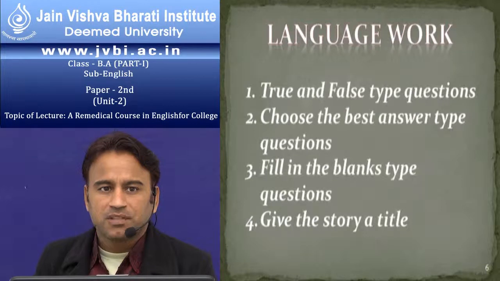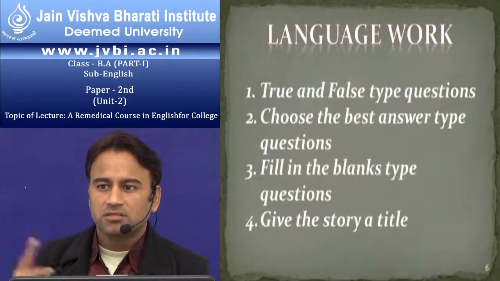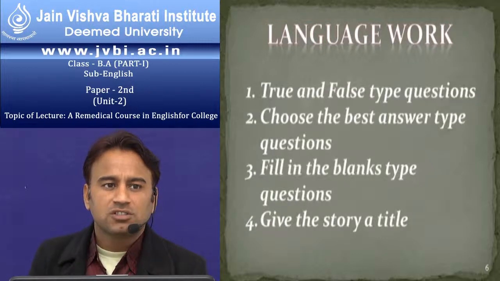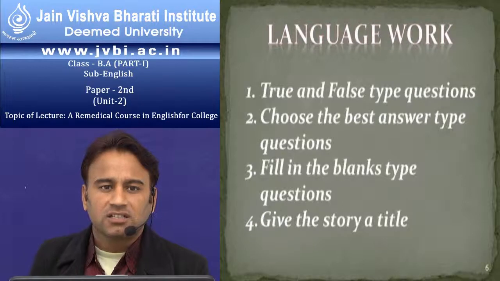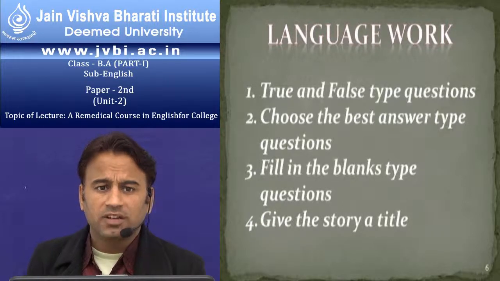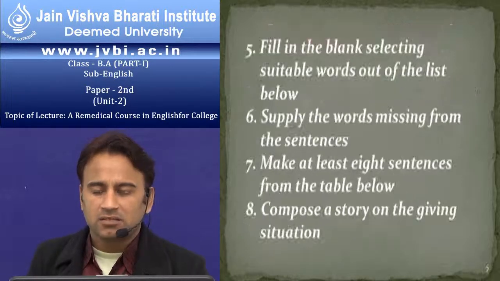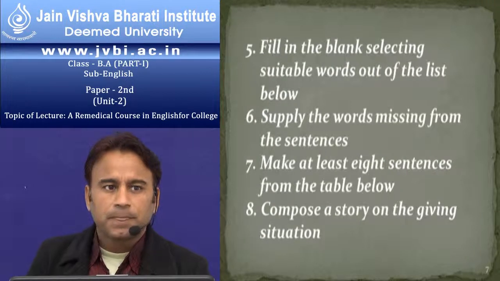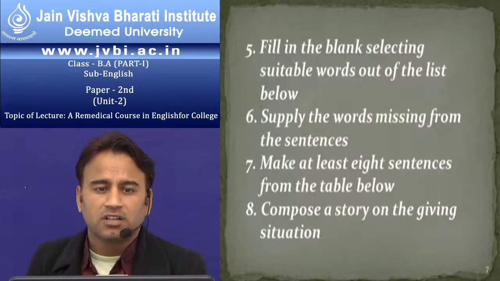Language work. There are 10 or 12 types of language work given in this book. First is the true and false type question. Then choose the best answer from the given answers, and fill in the blanks. Give the story a title, and then fill in the blanks, selecting suitable words out of the list given below in the question.